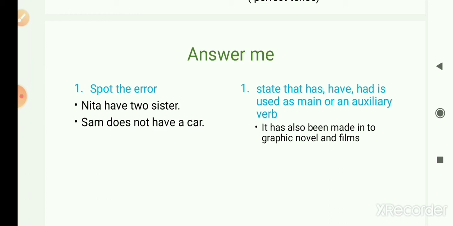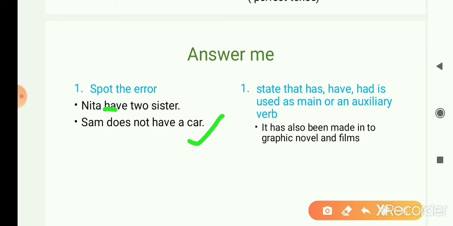Next: Sam does not have a car. Is there something wrong in it? No. This is a correct sentence. Sam does not have a car. Then let's look into the next.